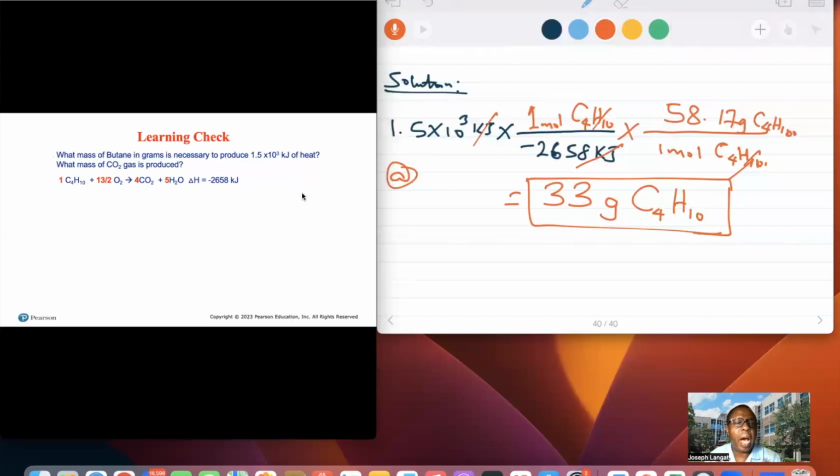Now, the second part of the question: what mass of CO2 gas is produced?